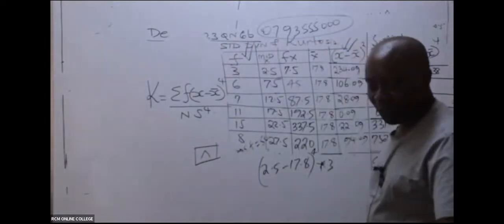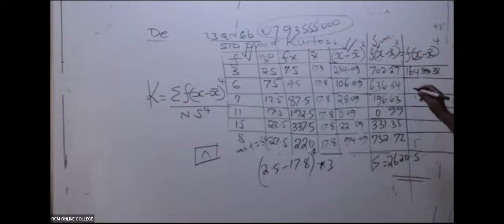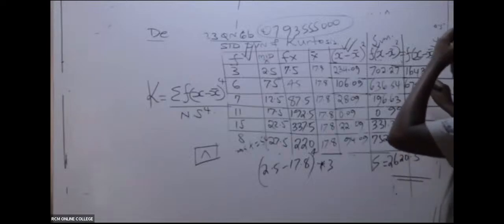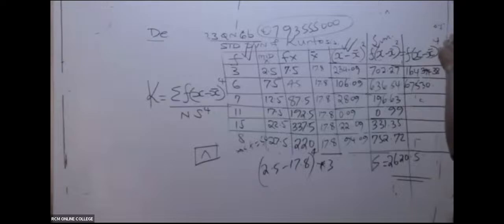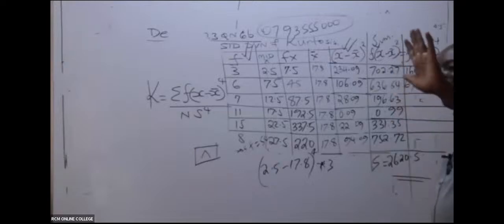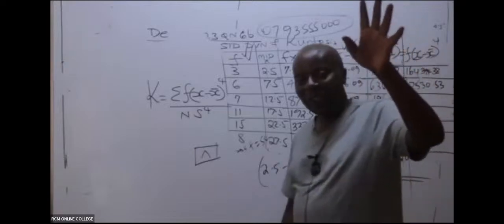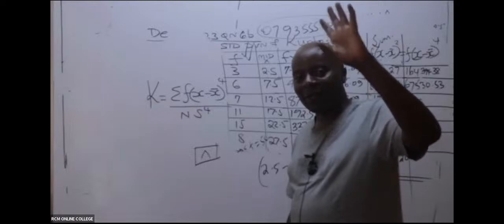So Sharon is giving me the second one. The second one is 67,530.53. Can someone else confirm the second value? Sharon, I believe you've not used the long method of x minus x bar raised to power 4 times.